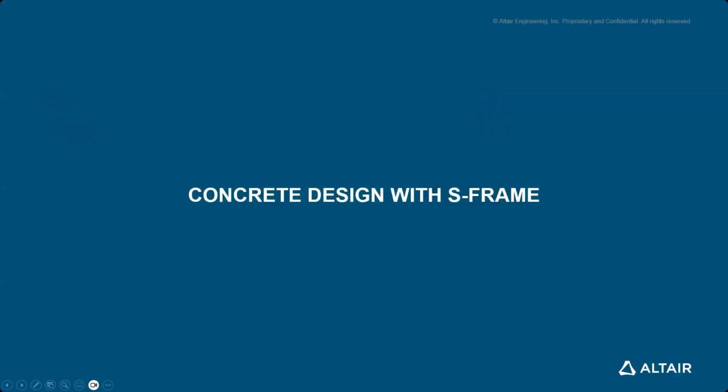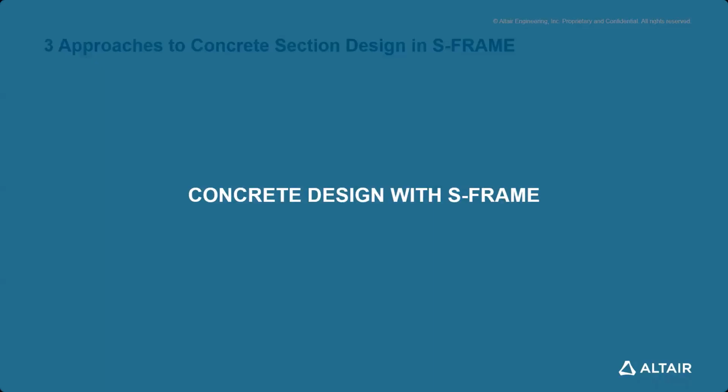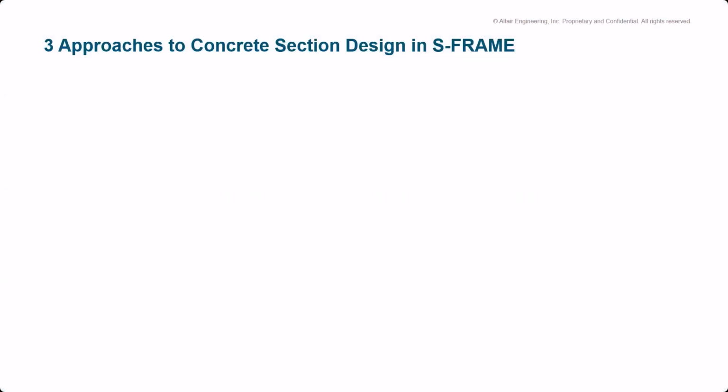Okay, so now that we talked a little bit about where S-frame is and how the tools interact with it, we will take a look at the different options that you have to design concrete structures with S-frame. We have three different approaches to concrete section design in S-frame.